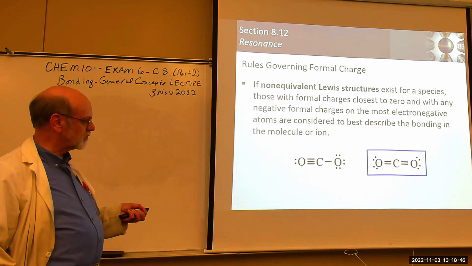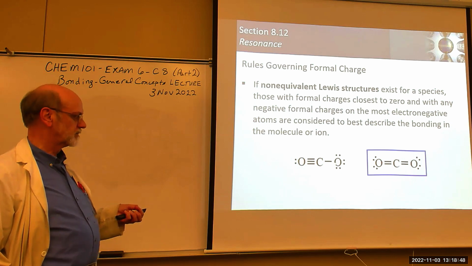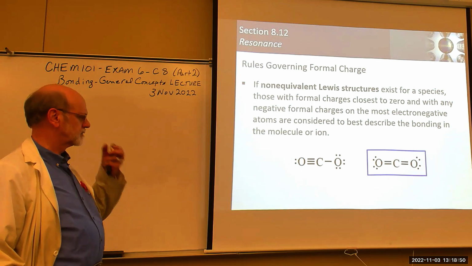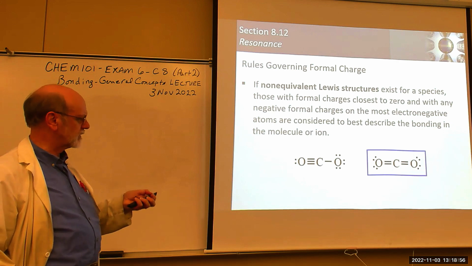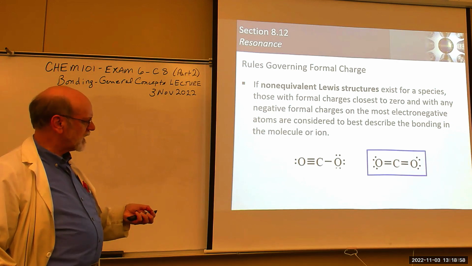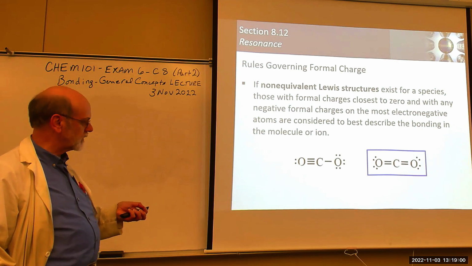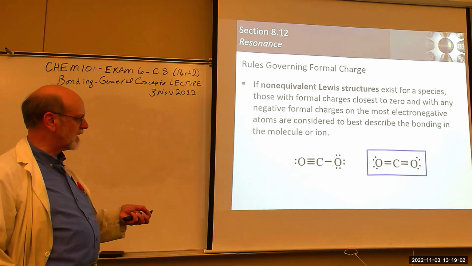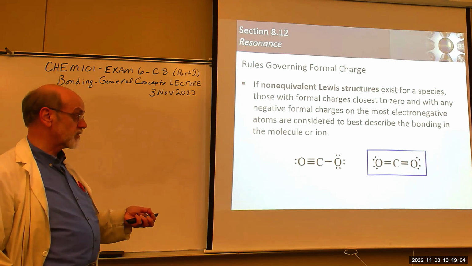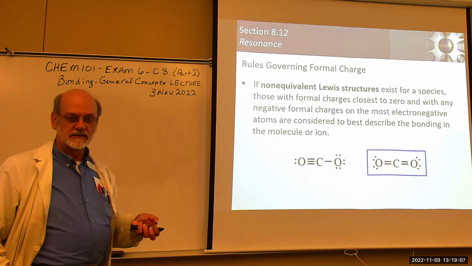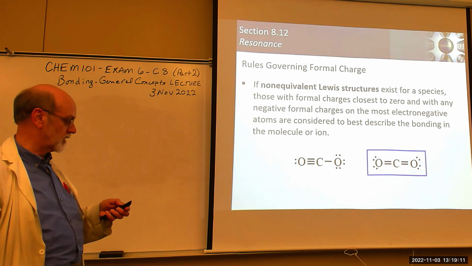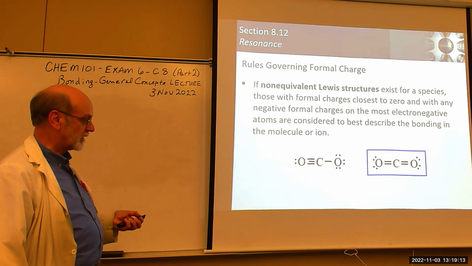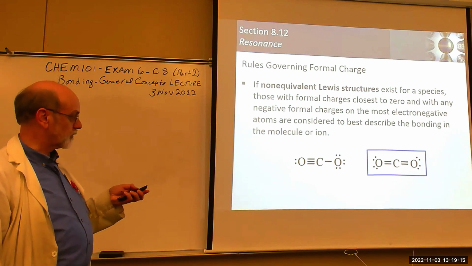So it's 7 minus 6 is +1. Now I got that backwards somewhere. Yeah, 6 minus 7 would be -1 here, and this would be +1. But these are 0, 0, 0, so this is preferred. They're all closer to 0, in fact equal to 0. And this one is not. So you can throw that one out.